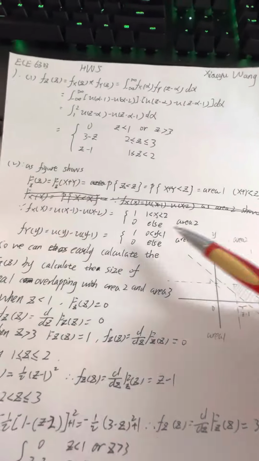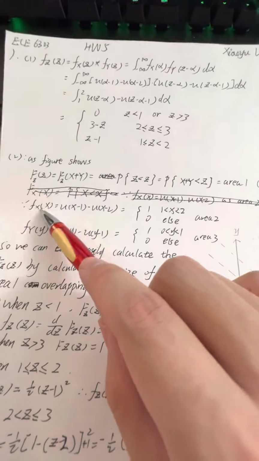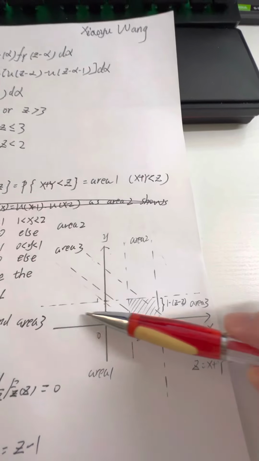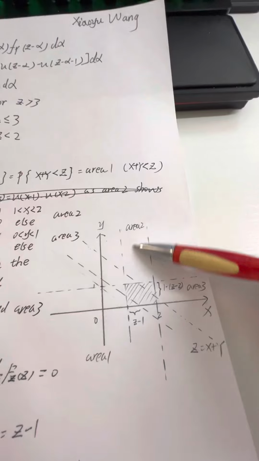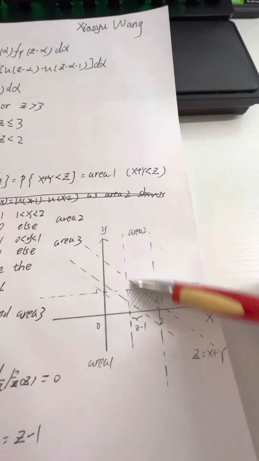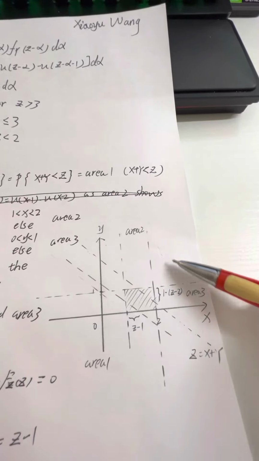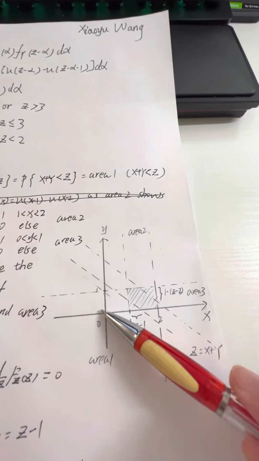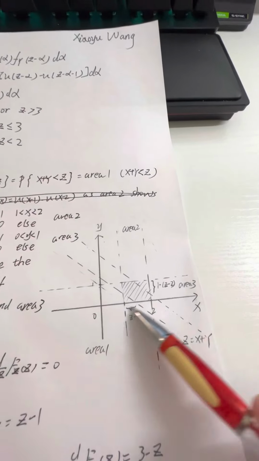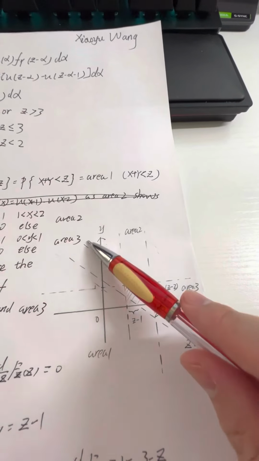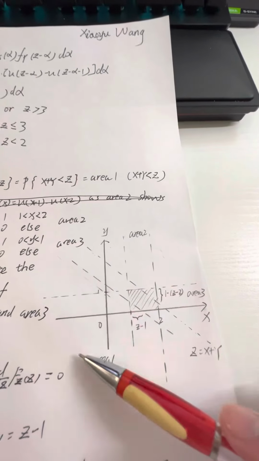For the PDF of x, only when x is between 1 and 2 is this area equal to 1, and the other area is equal to 0. And for y, only when y is between 0 and 1 is this area 3 equal to 1, and in the other area it is equal to 0.